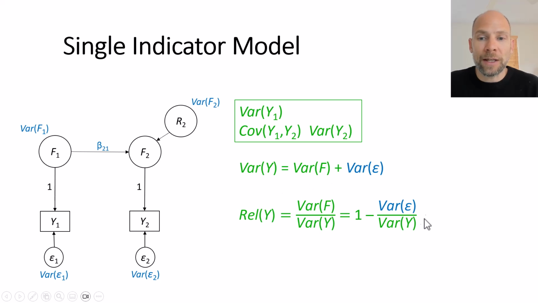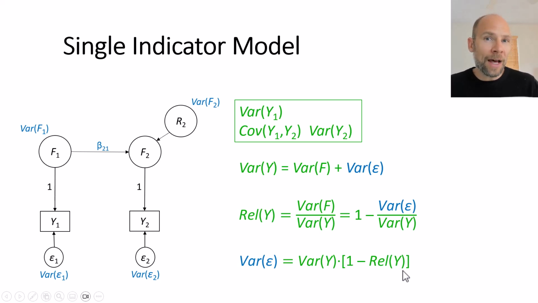This is another equation that follows from classical test theory, and we can solve it for variance epsilon. When we do that, we obtain variance epsilon equals the variance of our observed variable, observed score, times 1 minus reliability. So in other words, if you know the reliability of your score, then you can estimate the epsilon variance, and then you no longer have to use it as a free parameter in the model on the left hand side, but instead you can fix it to that value.